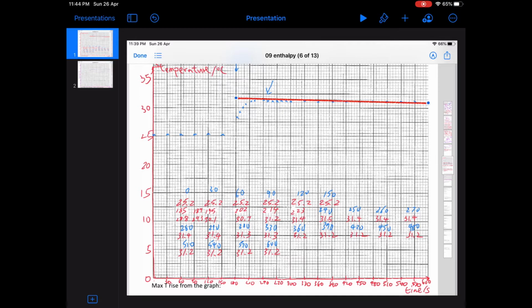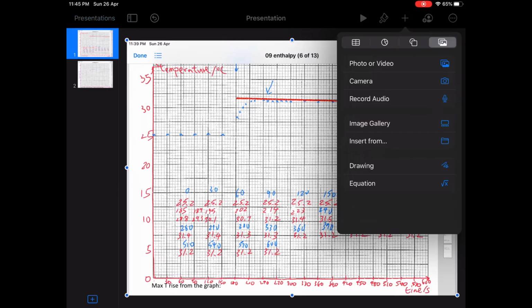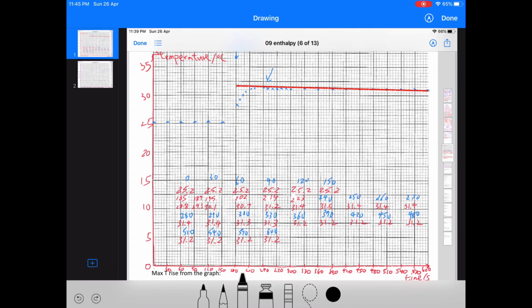Because there is a decreasing trend, we just draw a best fit line passing through the maximum data point, which is 31.5. You can see that if we extrapolate this back to 180 seconds, the temperature is slightly higher than 31.5. According to the analysis, the value is 31.7 degrees Celsius.